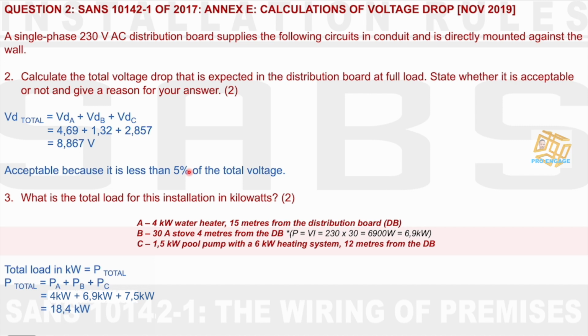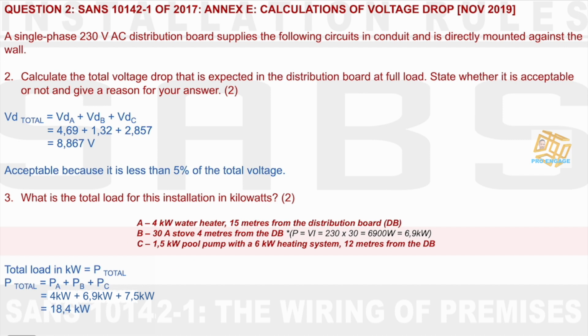Question 2.3, what is the total load for this installation in kilowatts? For 2 marks, a very simple formula that we derive. We say P total equals the sum of all the power values in kilowatt. Right, they want it in kilowatt. So the power for circuit A here given is 4 kilowatt.